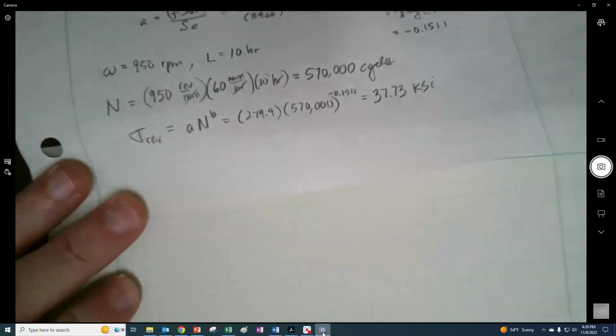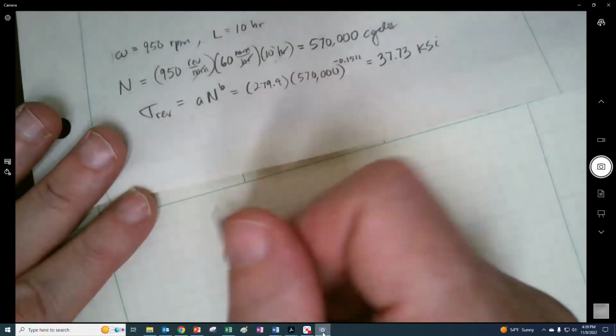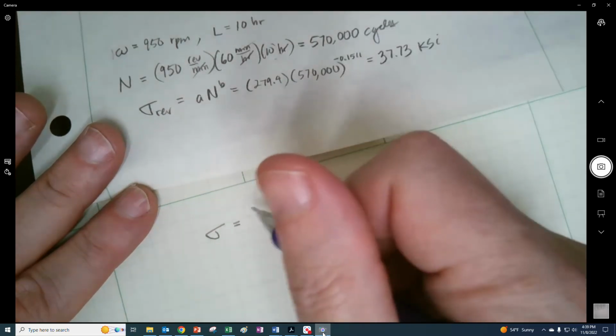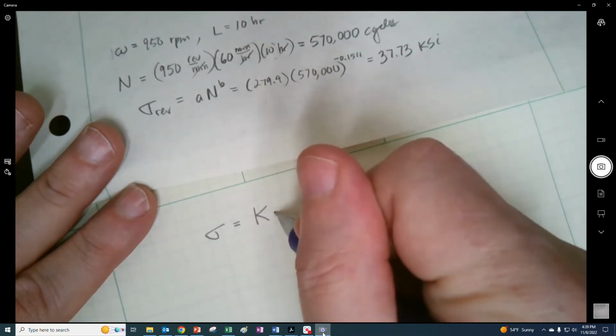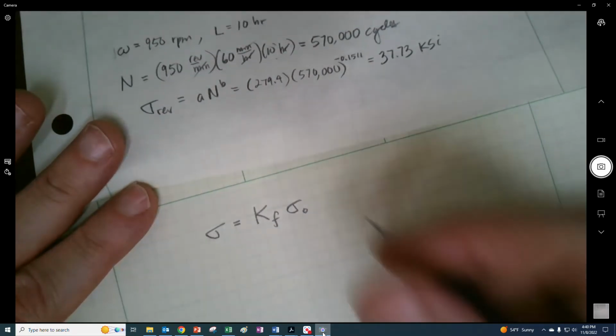So we go back to the equations that I described today. One thing you should know is that the actual stress is going to be Kf times the nominal stress, right?